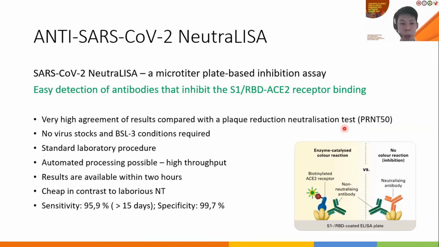At the same time, with most Euroimmun products, automation processing is always possible, and this will allow high throughput testing of patient samples. The results using this NeutraLISA test are achievable within 2 hours, and thus, compared with the PRNT50 test, this allows a faster turnaround time.